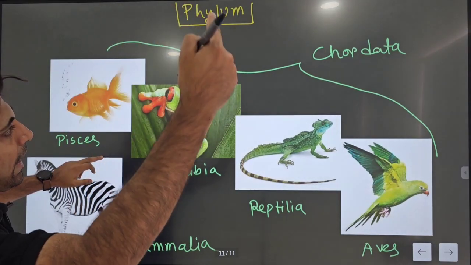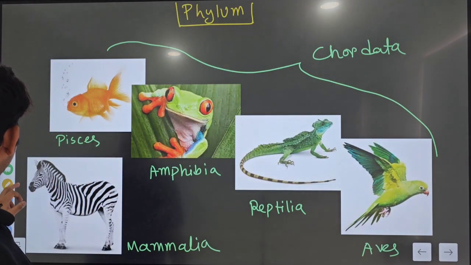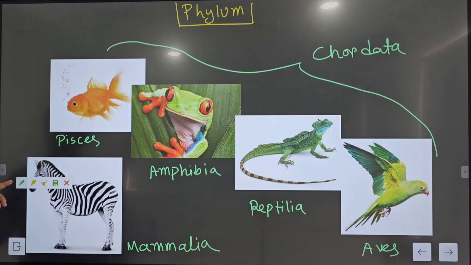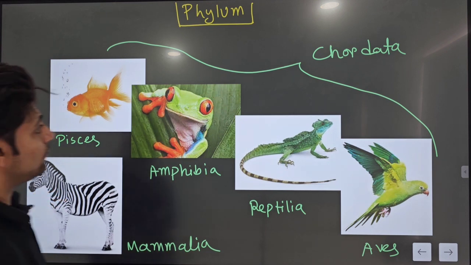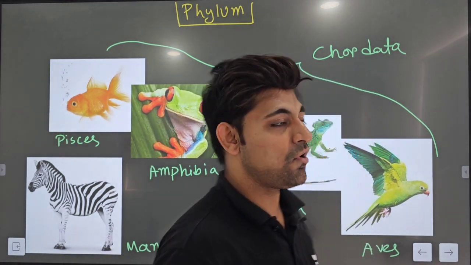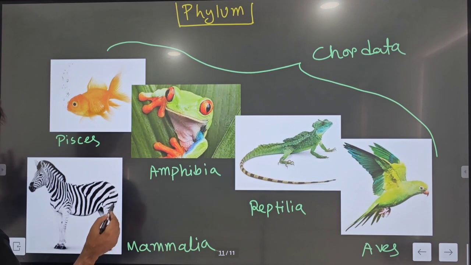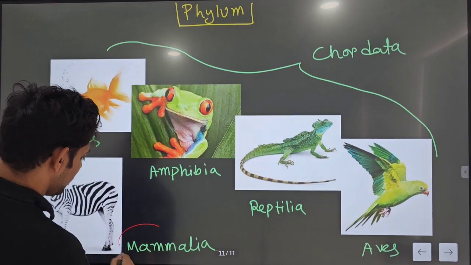Next, one step ahead. Now if you add all the classes, like in the last slide we spoke about class Mammalia, right?